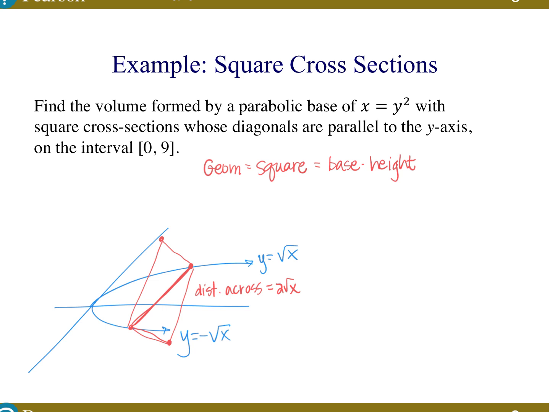What do we know our diagonal is? We know our diagonal is 2 rad x. So if our diagonal is 2 rad x, then B squared plus B squared equals 2 rad x squared. So B squared plus B squared is 2B squared. What's 2 rad x squared? 4x.